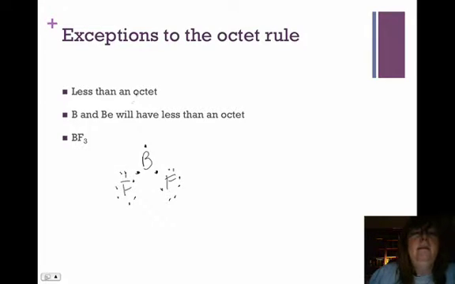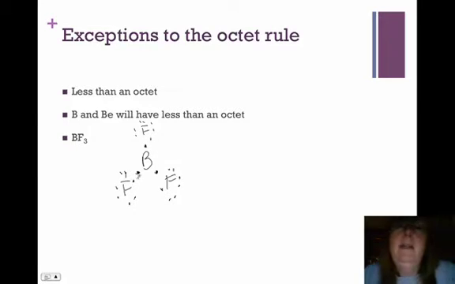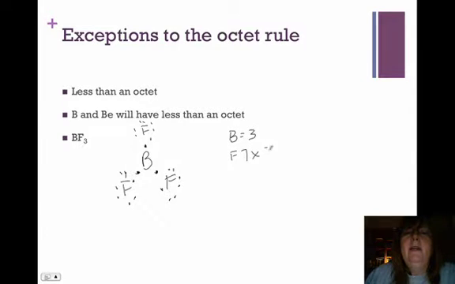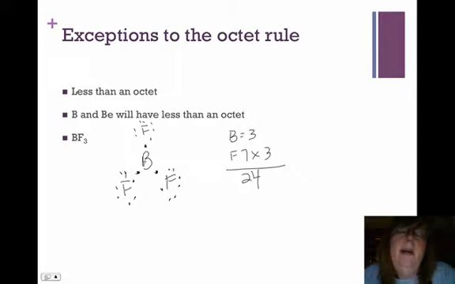And this boron does not need a lone pair of electrons. This is the Lewis structure. So boron has 3 valence electrons, fluorine has 7, and there are 3 of them for a total of 24 valence electrons. And if we count this up, we now have 24 without a lone pair on that boron.